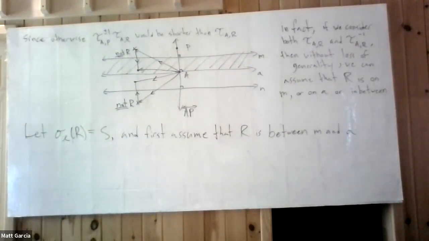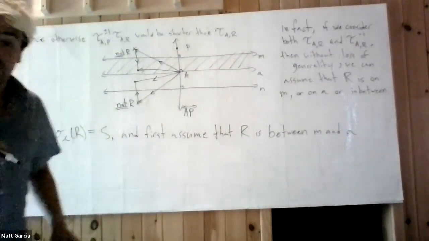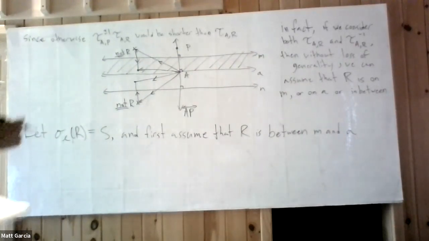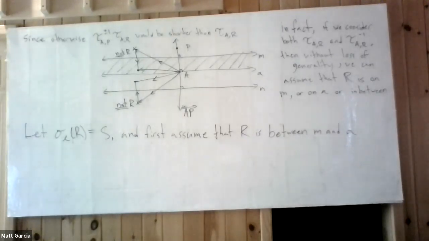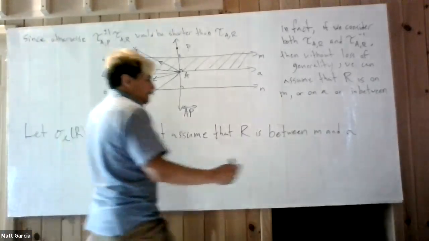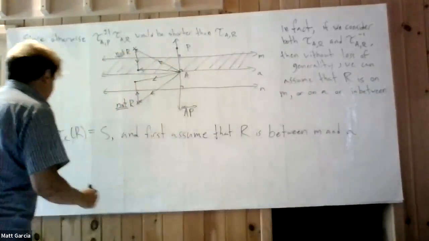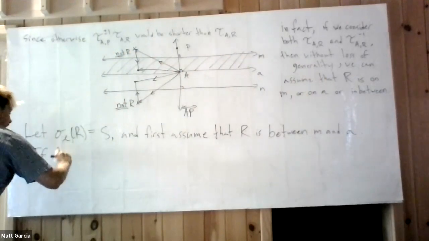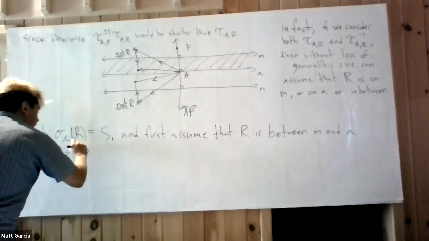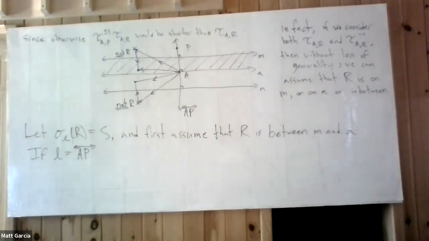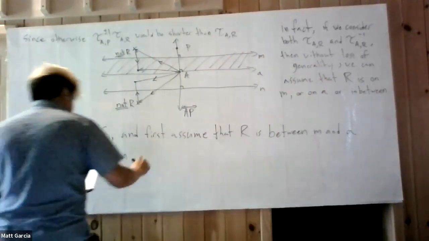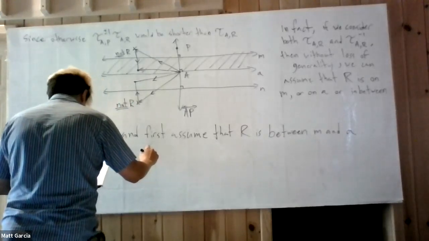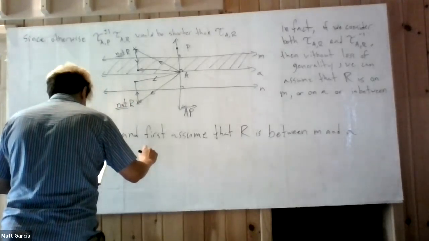Either the line L is equal to the line through A and P, or the line L is perpendicular to the line through A and P. So first, let's say what happens if L is equal to the line through A and P. Okay, what happens in this scenario?